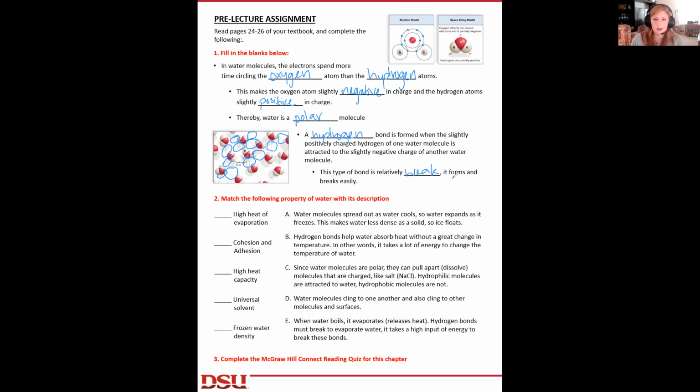I like to think of this bond as being flexible, in that it can break apart but reform pretty quick. And it has to happen that way because if hydrogen bonds didn't break apart, water couldn't heat up, right? So weak that way, but strong enough that water sticks together in cohesion.